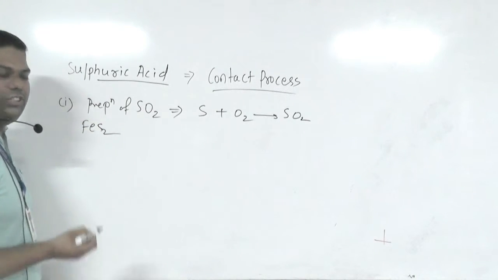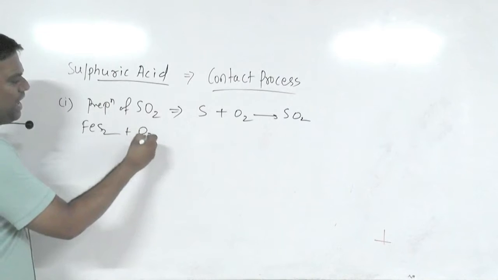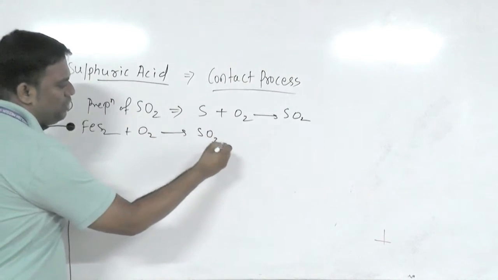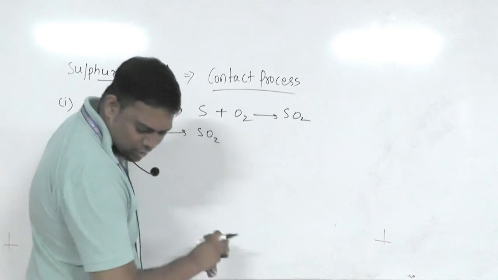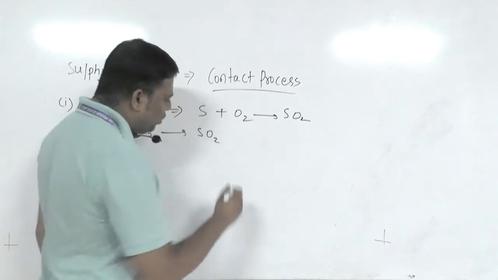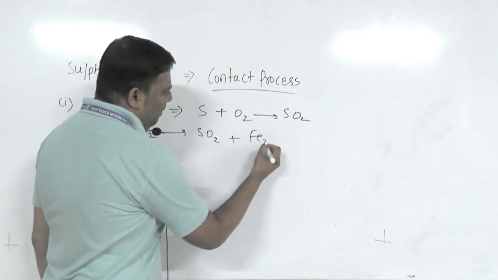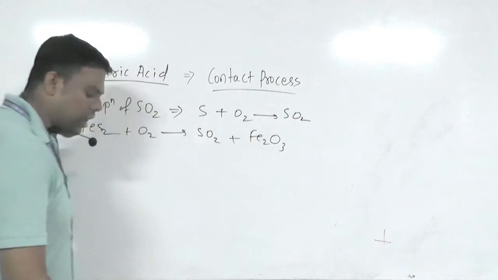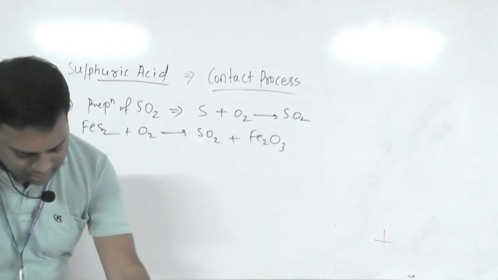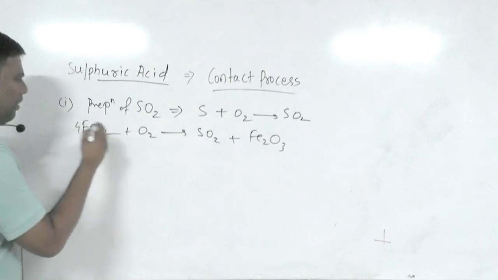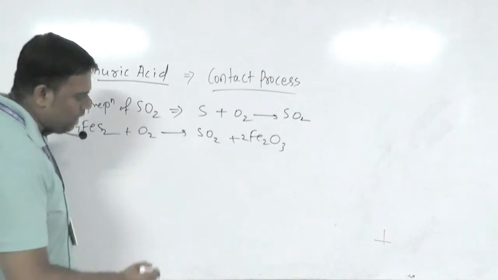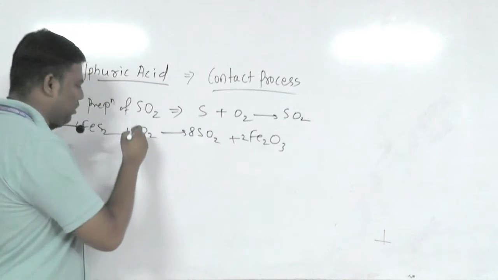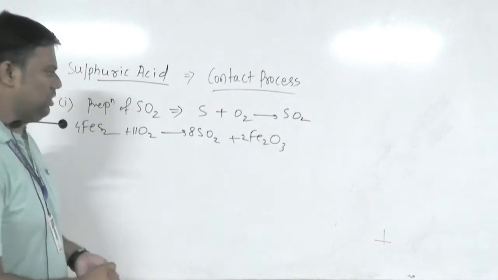When this FeS2 is oxidized, you will get SO2 plus Fe2O3. Now you can balance this, beta. So see here, 4 Fe, here also 2. Here 8 is 2, so here how much, 11. You can cross check.